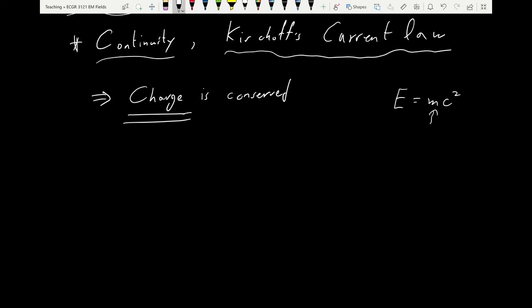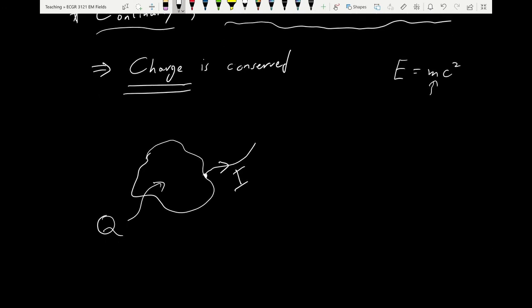So what does that mean? Well, let's say I have a region of space and I tell you, hey, at the surface of this region, there's a line here and there's a current flowing out from this region. What does this tell you about the total charge in this region? How does the current relate to the total charge in this region?